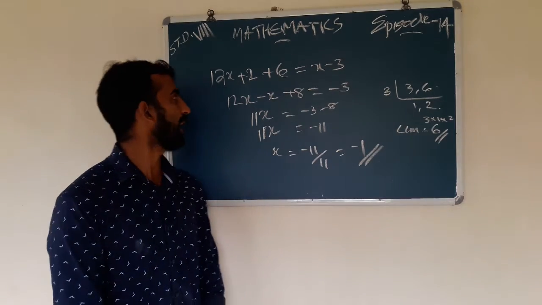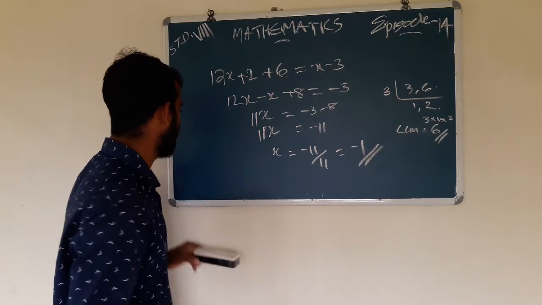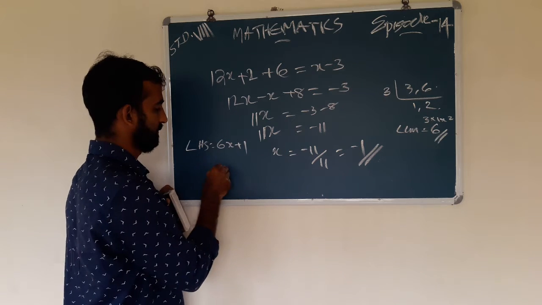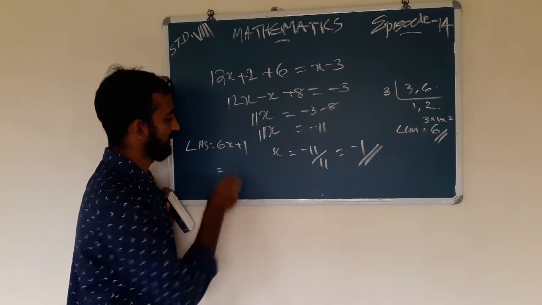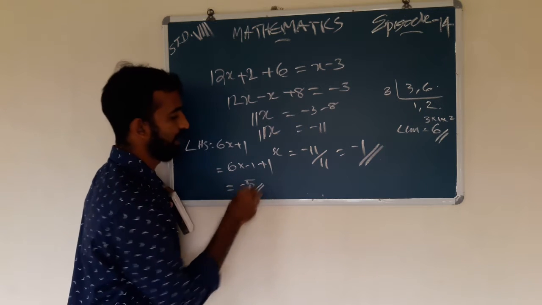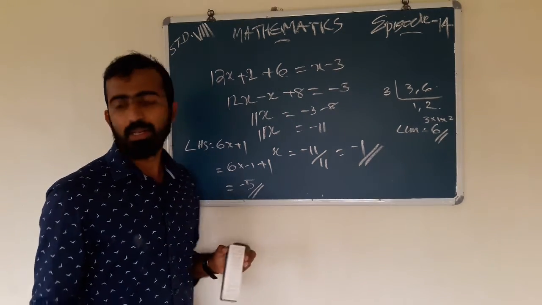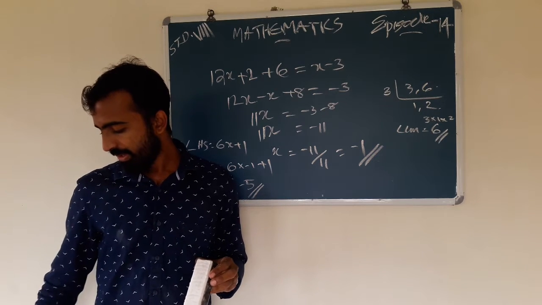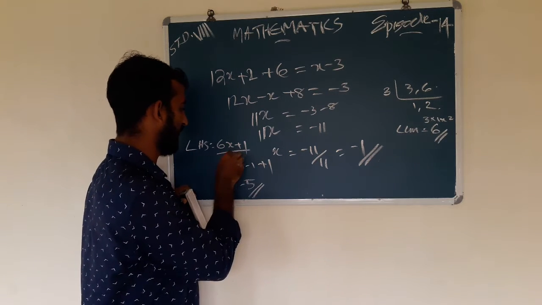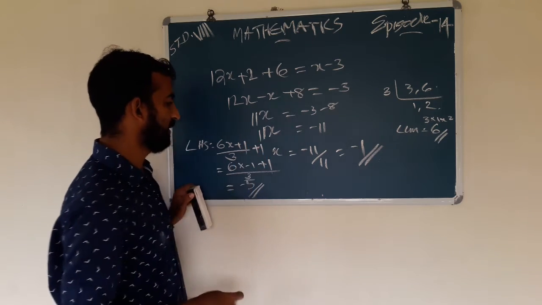What is our question? (6x plus 1) by 3 plus 1.